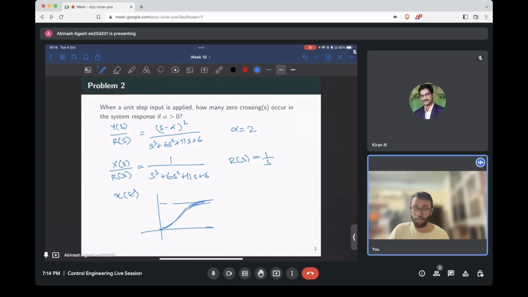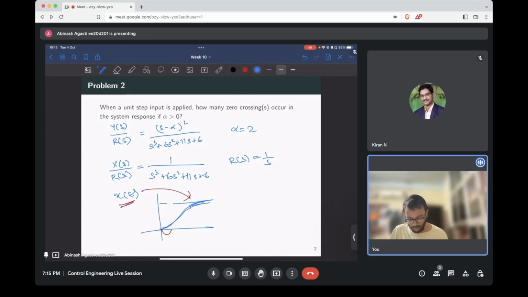There were no undershoots or overshoots. Now we are concerned about zero crossing, that is whether this will happen or not, whether it will come down or go up and do things like that. So for that, let us consider this thing as x of t, right?